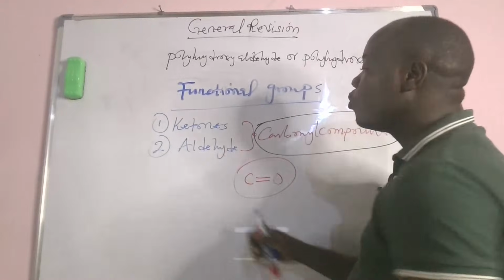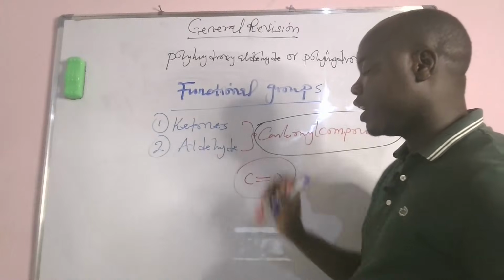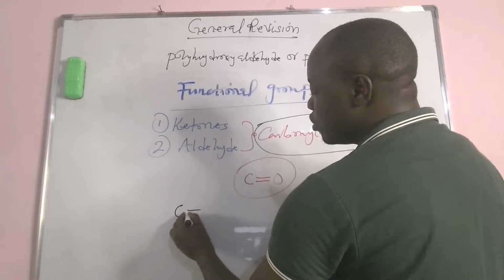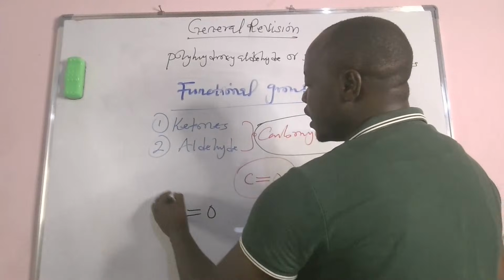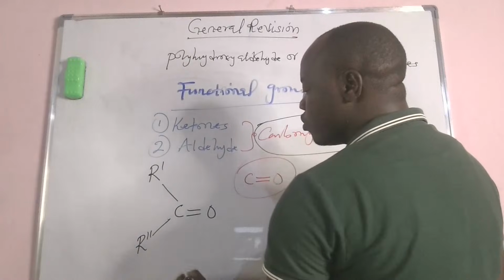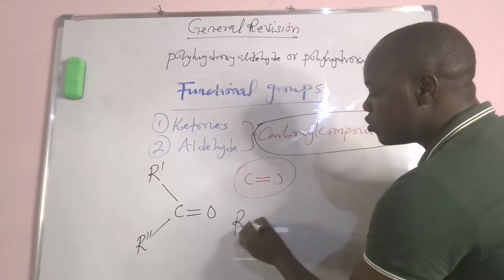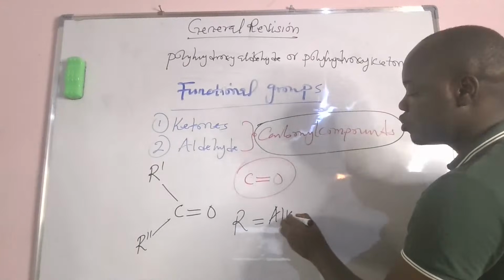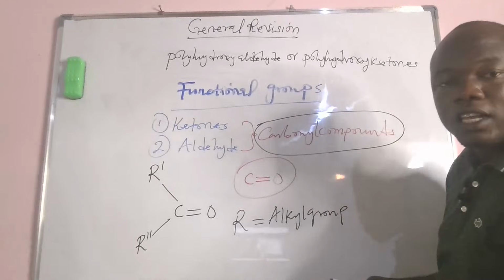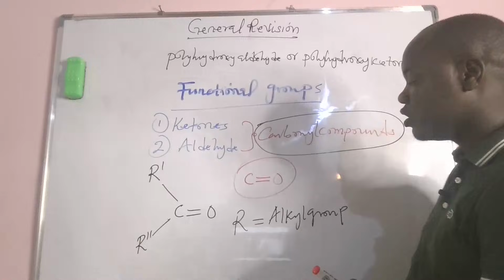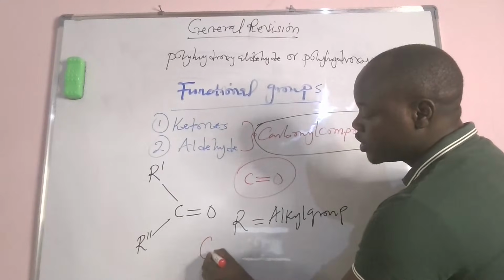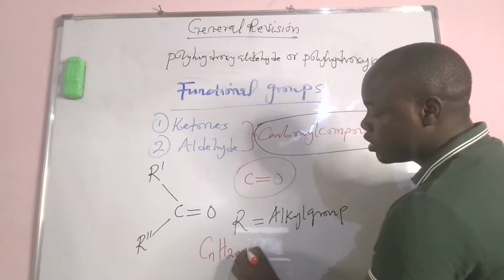So what is the difference between ketones and aldehydes? Ketones generally have a carbon to oxygen double bond, and then they have two different R groups. The R group here means alkyl group. And of course, an alkyl group in organic chemistry is a hydrocarbon that has the general formula CnH2n plus 1.